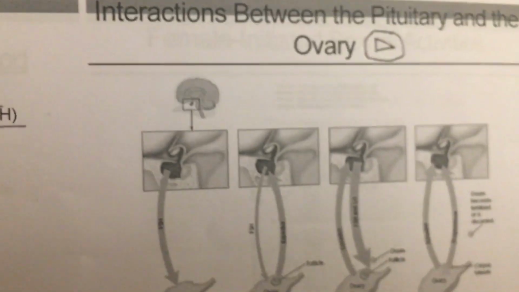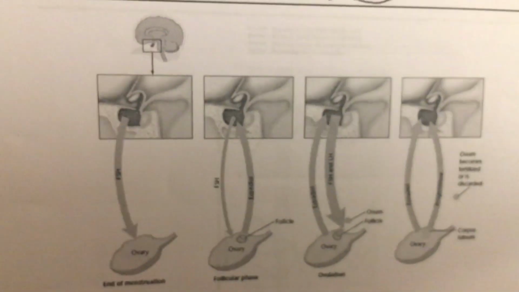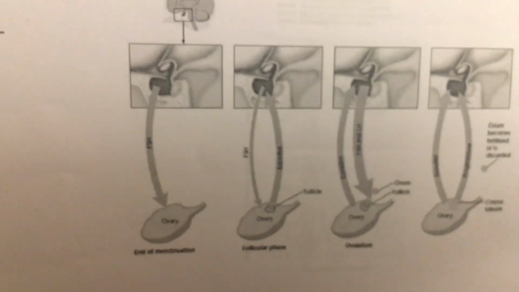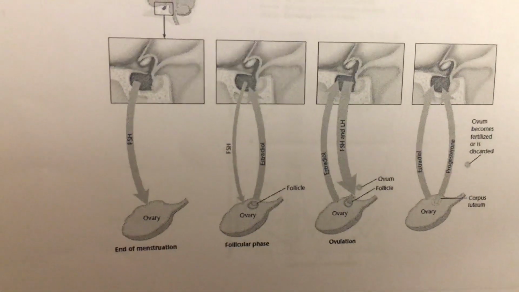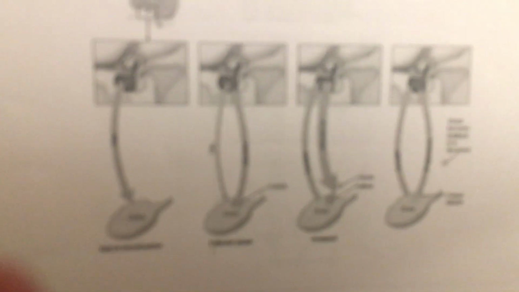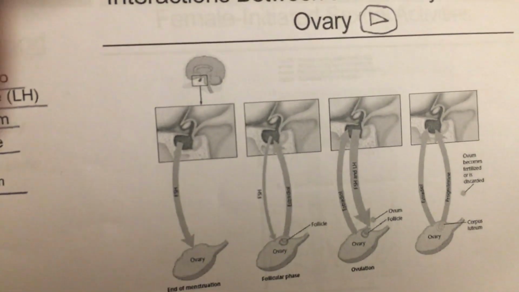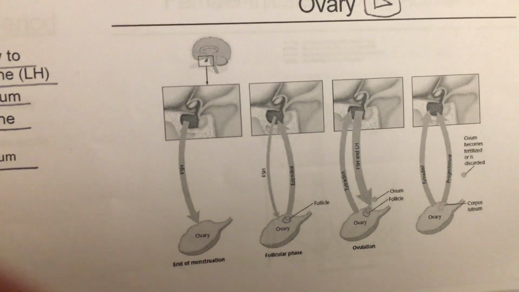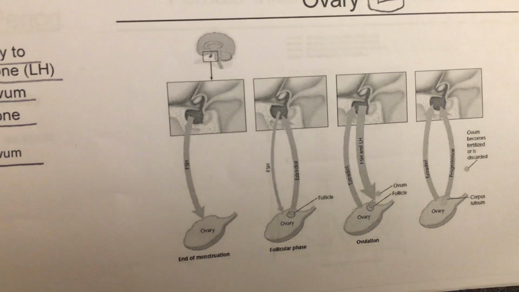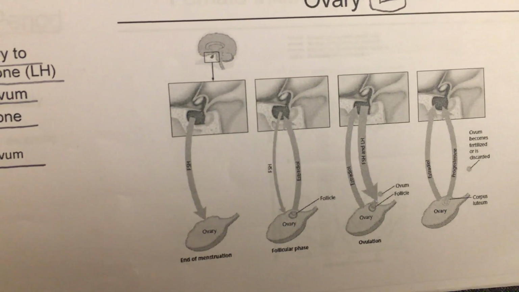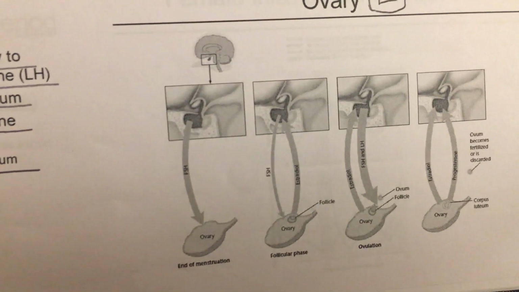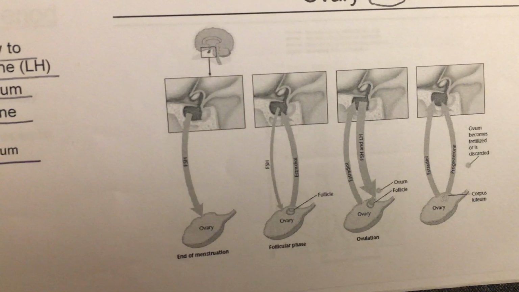Here are the interactions of the pituitary and the ovary. First, the FSH goes to the ovary. Then FSH comes in, estradiol exits the ovary, and the follicle is also released. This is the follicular phase.